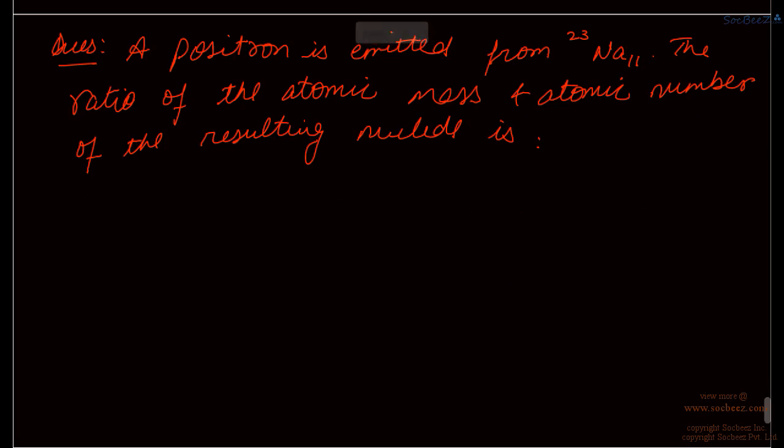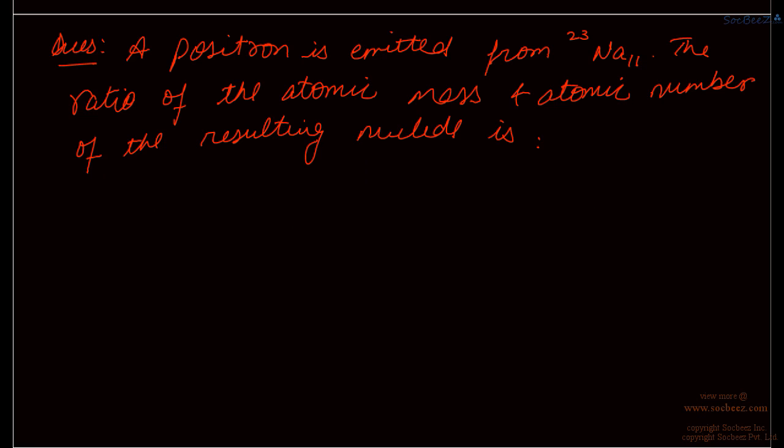Okay, so let's discuss another question. The question says that a positron is emitted from 23 and A11. The ratio of atomic mass and atomic number of the resulting nuclei is. Now, in one positron emission from the nucleus, a proton converts into a neutron, therefore atomic number decreases by 1.